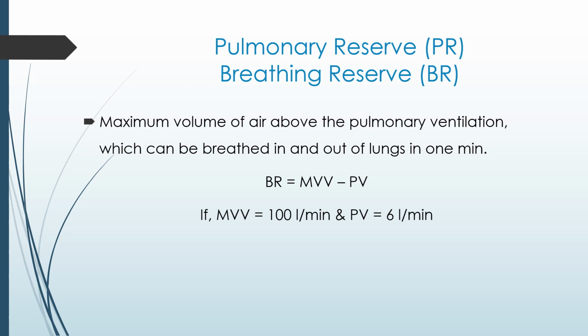If the maximum ventilation volume is 100 liters per minute and pulmonary ventilation is 6 liters per minute, then 100 minus 6, the breathing reserve is 94 liters per minute.